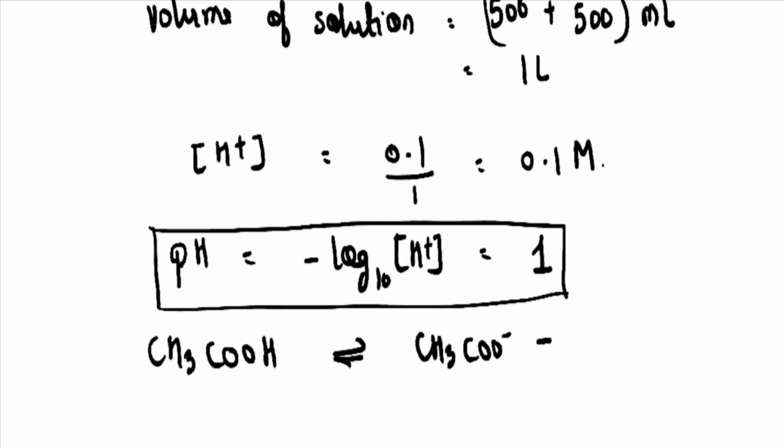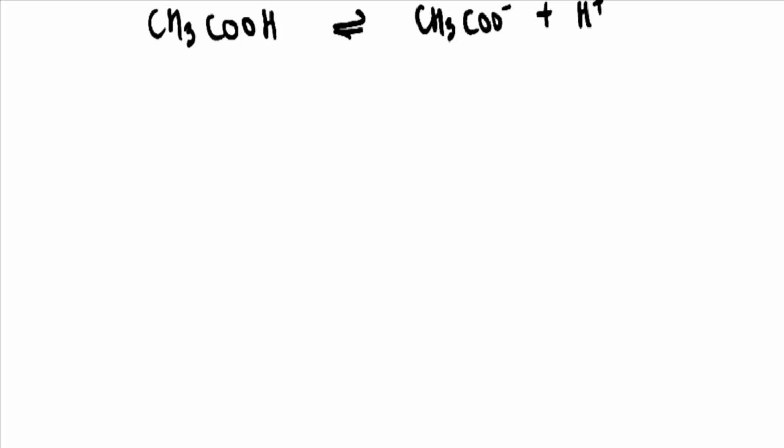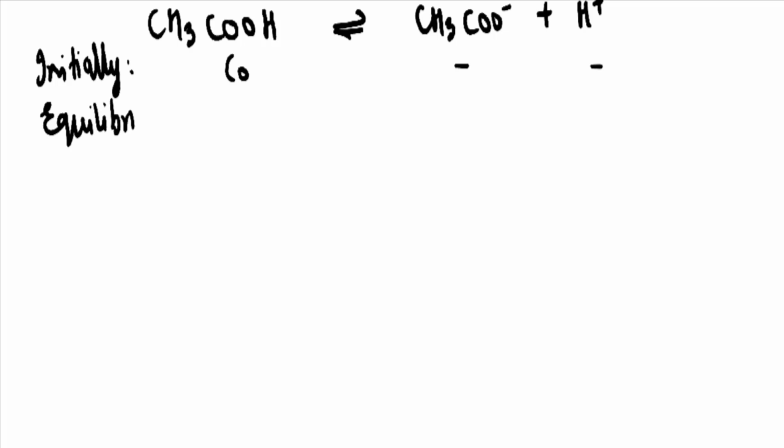Now, considering the equilibrium for the dissociation of acetic acid like this, initially we have concentration of acetic acid as C0, and none of the products.